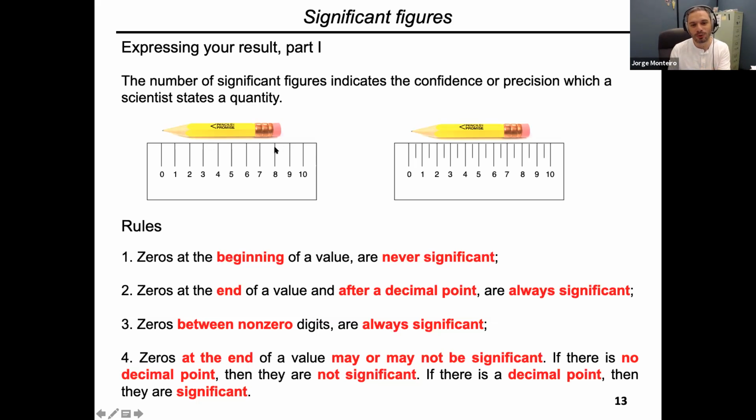But can you tell the decimal using this ruler? You cannot say for sure, but you can estimate. For example, here I would say maybe 8.5. So for sure it is 8, maybe 8.5. So you have 2 digits expressing your result.